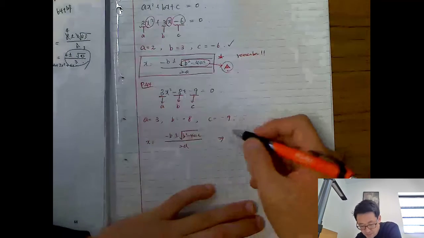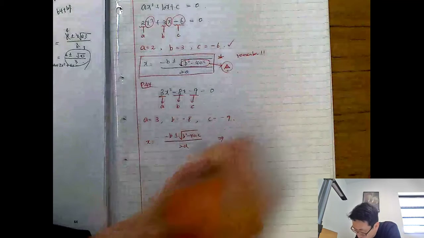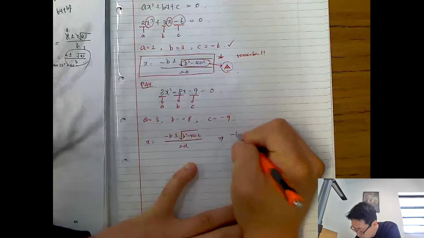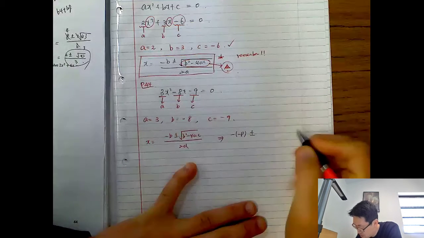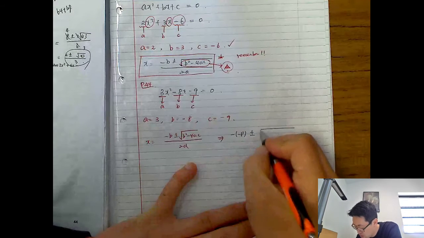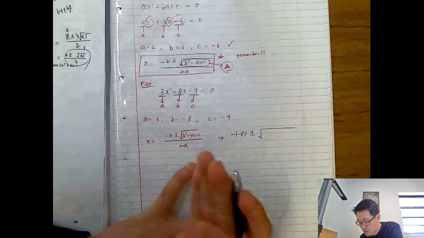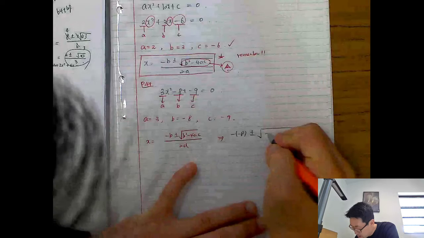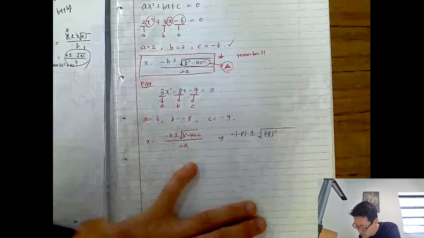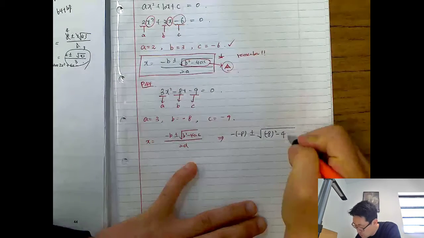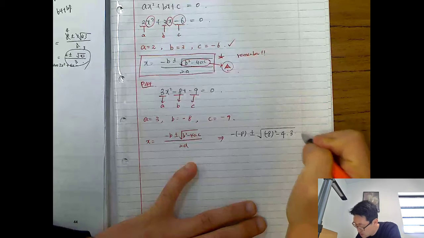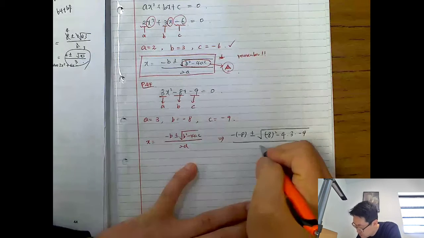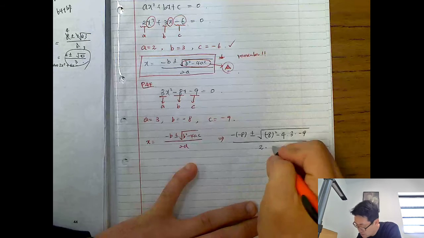In this case, b is minus 8, so minus minus 8, plus minus, I'll just show you the whole thing. Square root is easy to make a mistake here. b squared, minus 8 squared, minus 4 times a which is 3, times c which is minus 9, over 2a, which is 3 times 2.